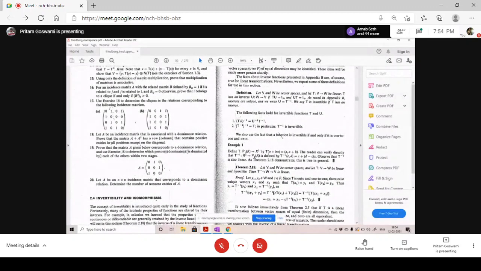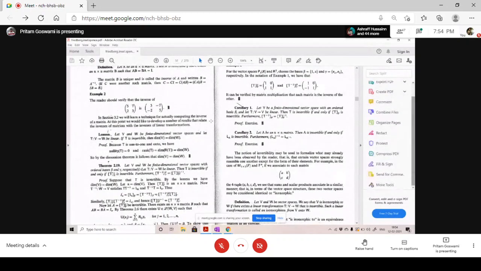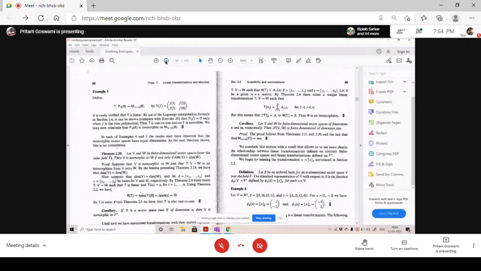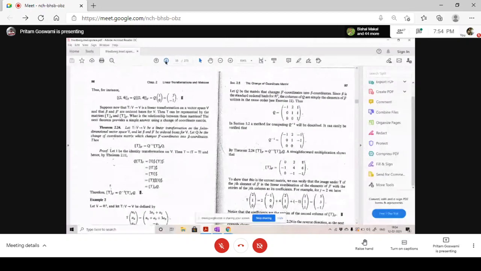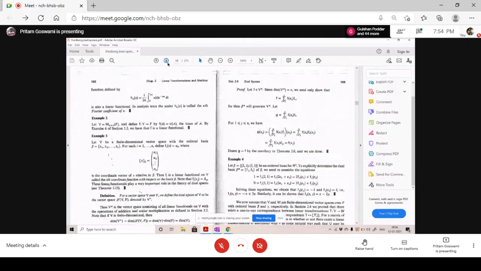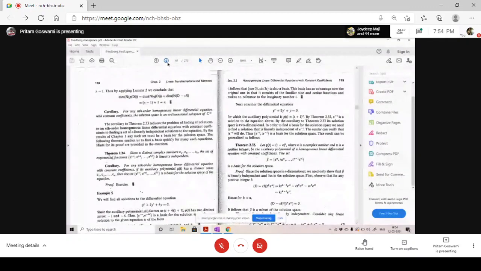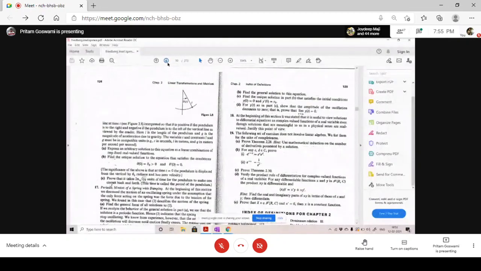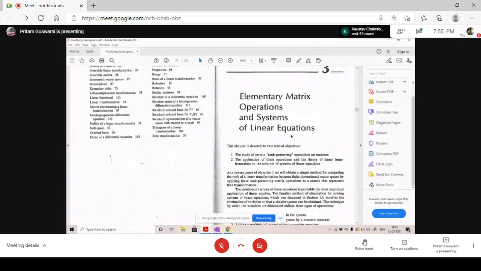We will be learning that in the next class. Dual space is not needed for you. Okay, elementary matrix operations and systems of linear equations.